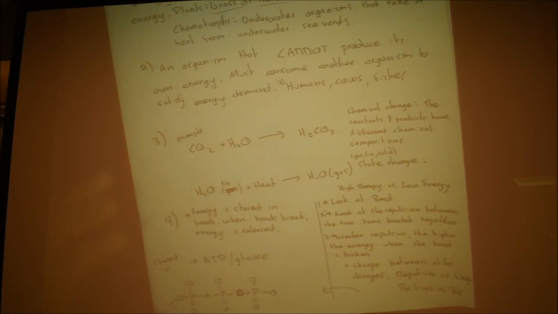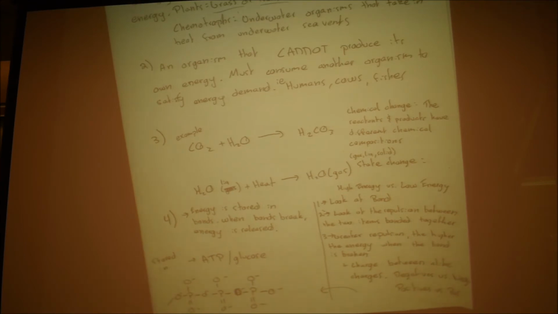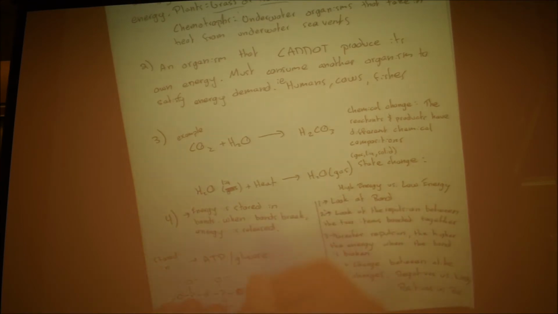All of these oxygens have negative charges. And because they all have negative charges, there's a lot of repulsion going on between these. So when you break this bond right here, it's going to need a lot of energy.